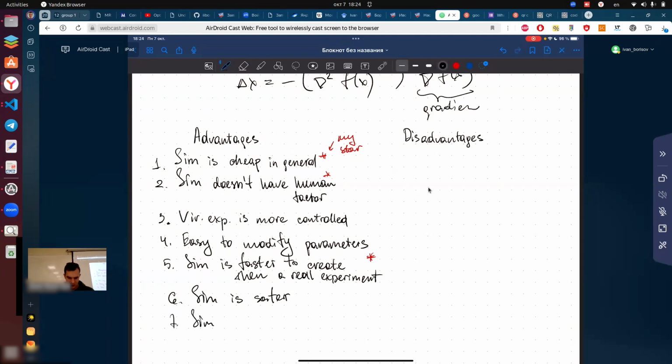You can repeat as many iterations as you want.